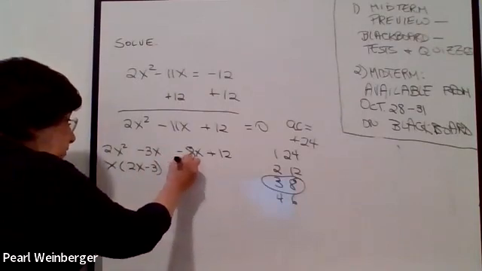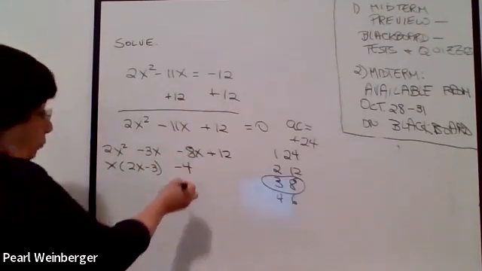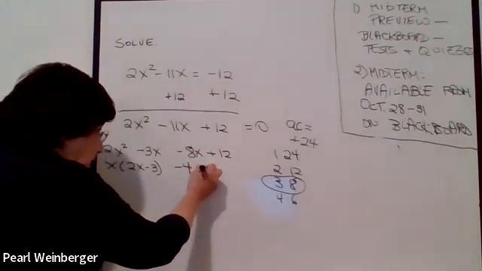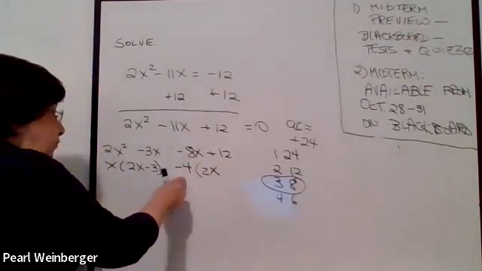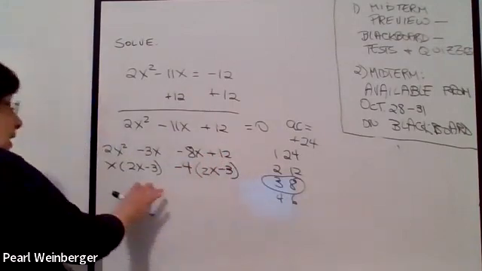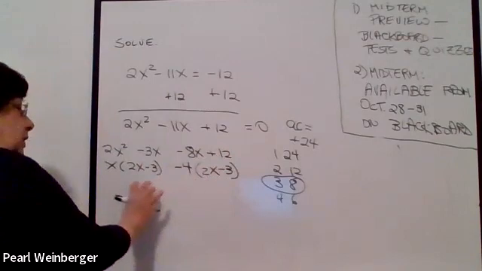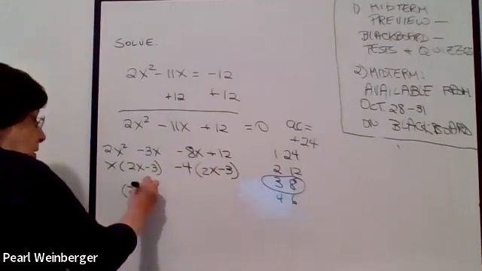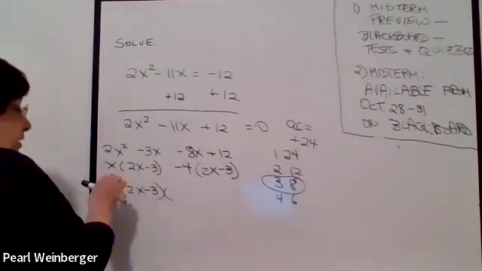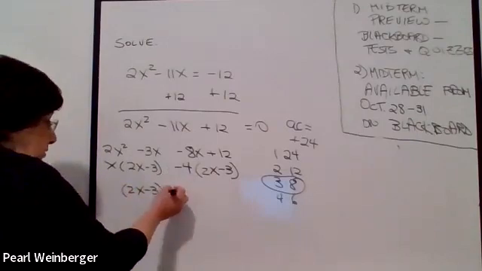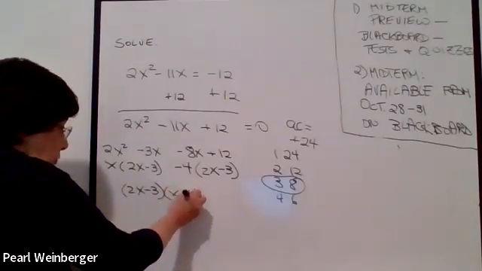So our common factor is negative 4. Negative 4 into negative 8x gives me 2x. Negative 4 into positive 12 gives me negative 3. And there I see that my 2x minus 3 is that common factor. And the other factor is whatever's on the outside, which is x minus 4.